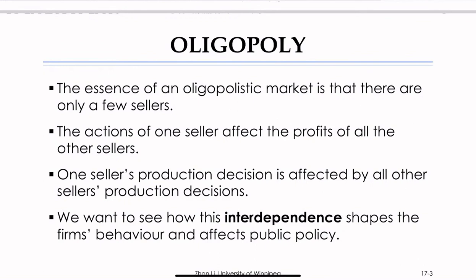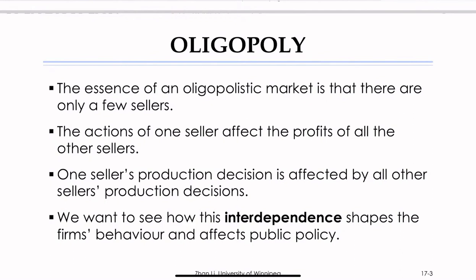So think about this. If you have two sellers, then essentially it means the action of one seller will actually affect the profits of the other seller. And this one seller's production decision will also be affected by the other seller. So you can see that there is this interaction, this interdependence between these two firms, and this interdependence will actually shape firms' pricing and production decisions.